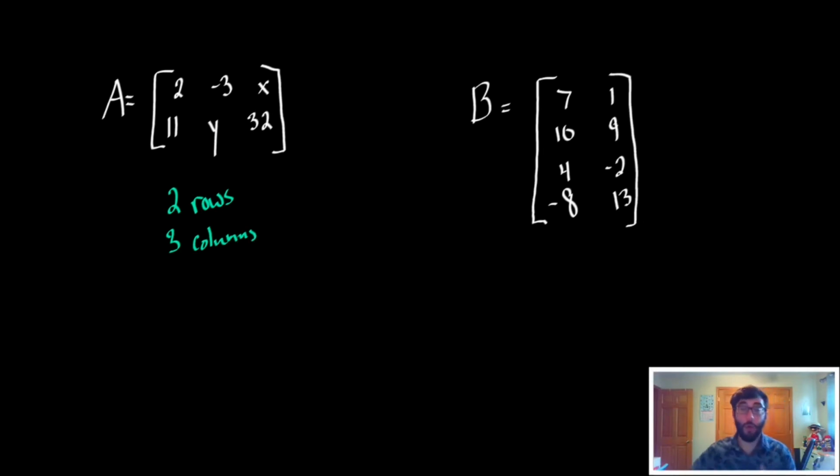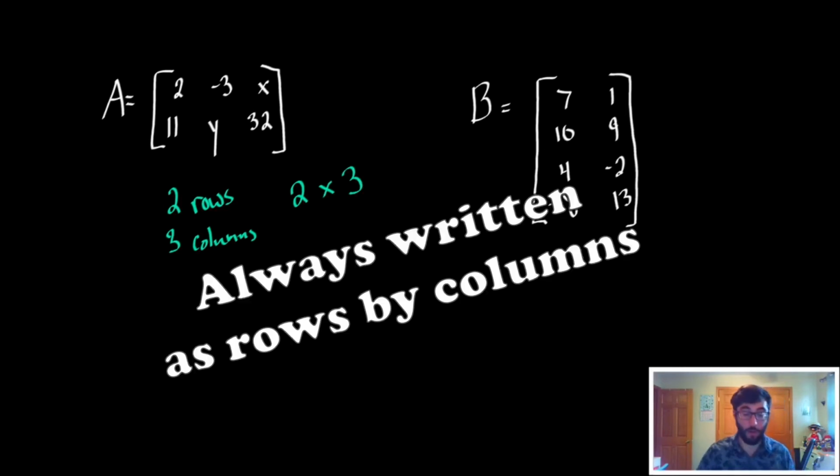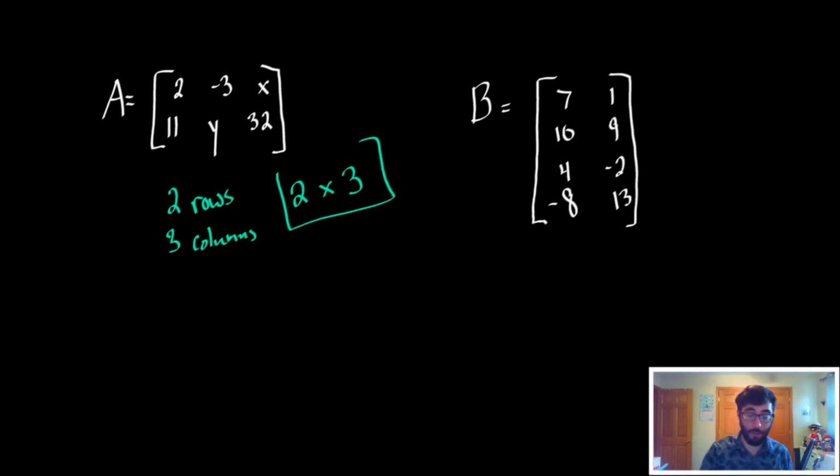Now when we talk about the dimensions of a matrix, we normally list them as 2 by 3. This represents a matrix that has 2 rows and 3 columns, and the way we say this is that matrix A is a 2 by 3 matrix.